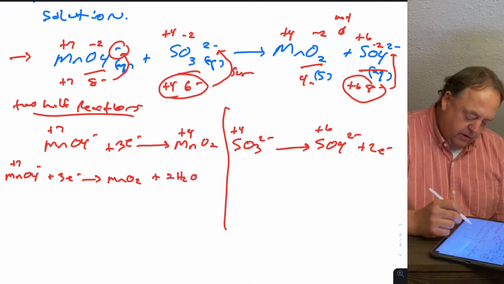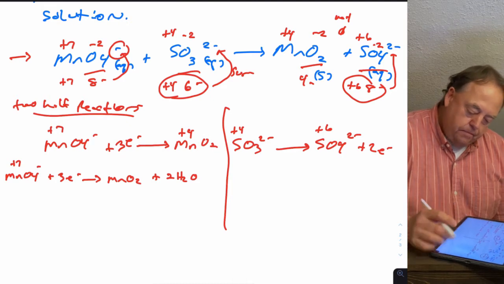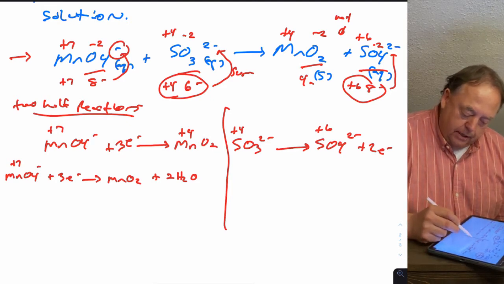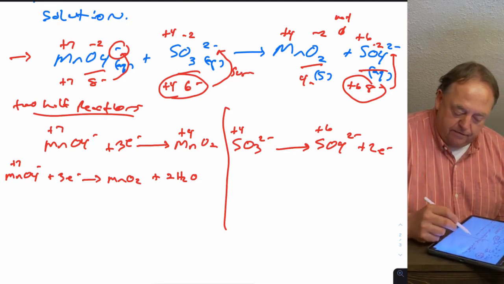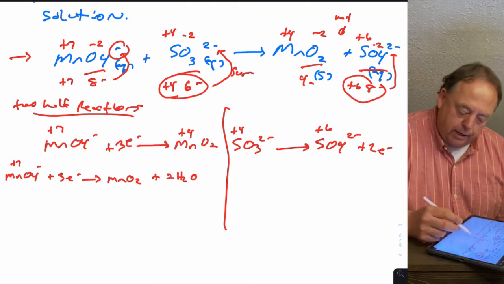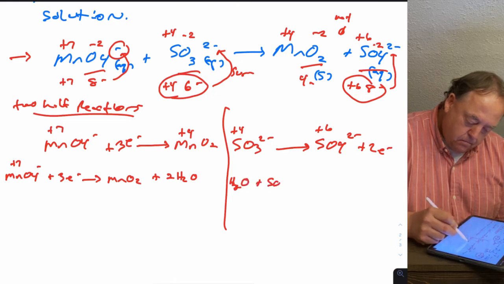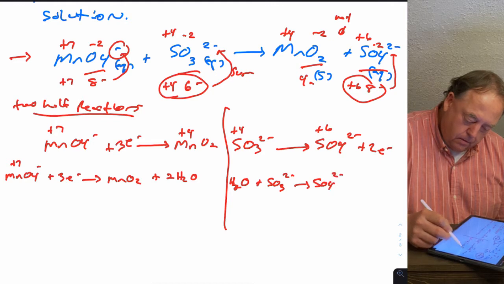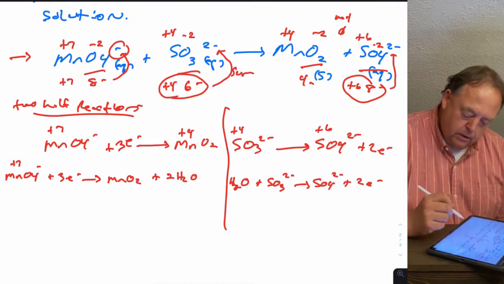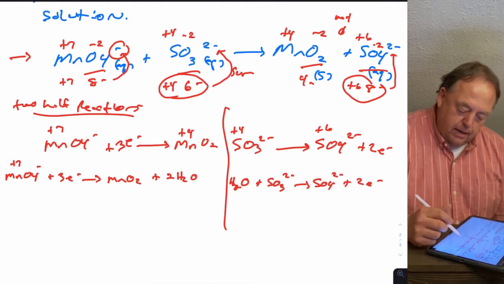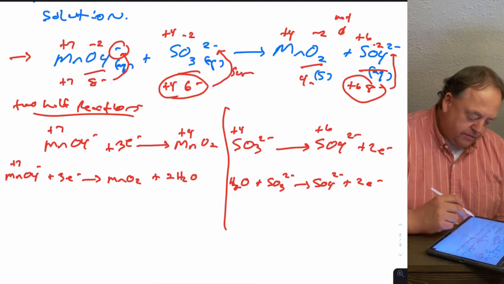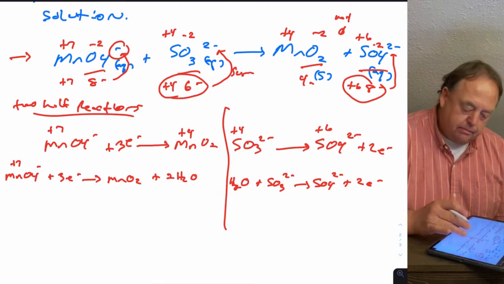So now we have 4 oxygens on both sides of the arrow. For the other one, SO3 2-, we have 3 oxygens on the left and 1 on the right. So we need another oxygen on the left, so we need to add a water molecule to the left. Okay, so now sulfur is balanced, manganese is balanced, and oxygen's balanced.